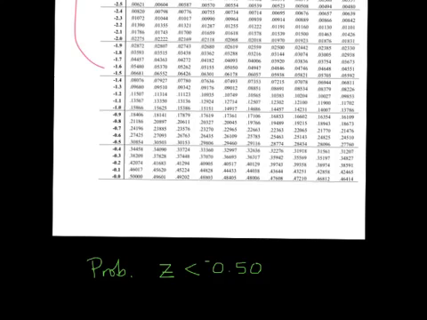You're going to look up your z-score in 2 sections. The first thing is you're going to look it up by the ones and the tenths digit. That tells you where in this column to go. So I want to go to the -0.5 row. That's right there. All right. And then I need to look at this number separately. So I want to be in the 0 column.